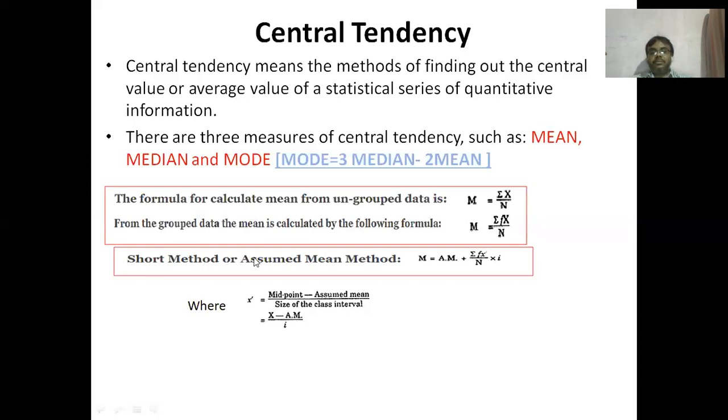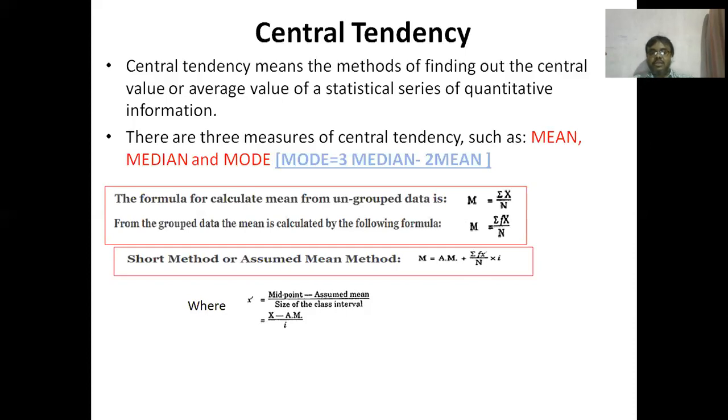The third formula, also known as the shortcut formula or the assumed mean formula, says that the mean for grouped data, which is mostly classified into class intervals, is written as AM, that is assumed mean, plus summation of fx by n into small i, where i is the class interval and AM is the assumed mean that we have to compute.